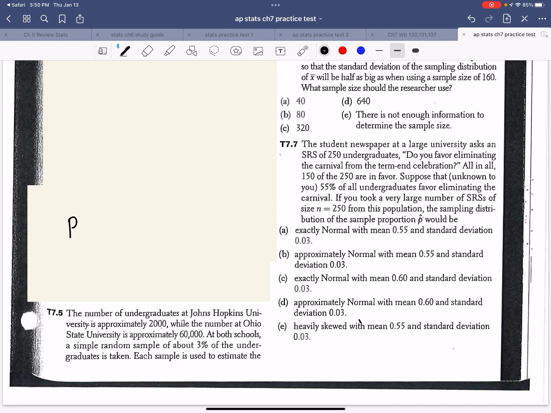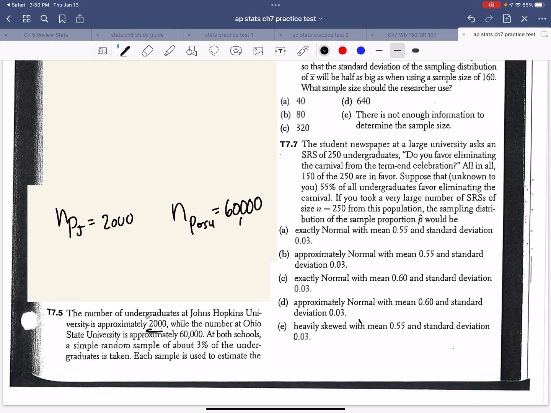That's the population at Johns Hopkins. And the number at Ohio State University is 60,000.